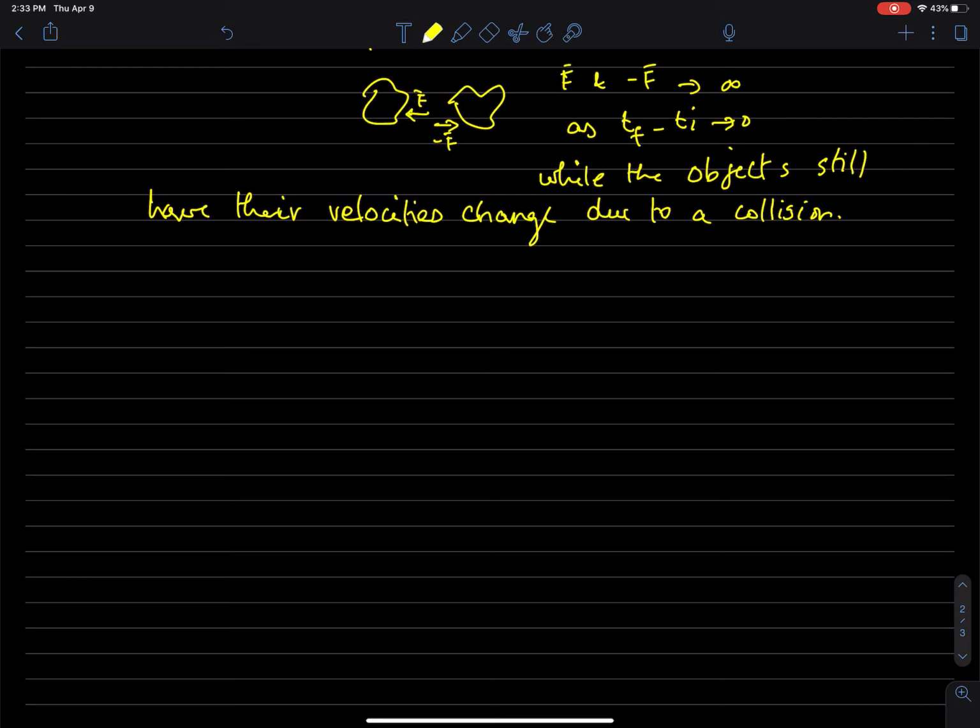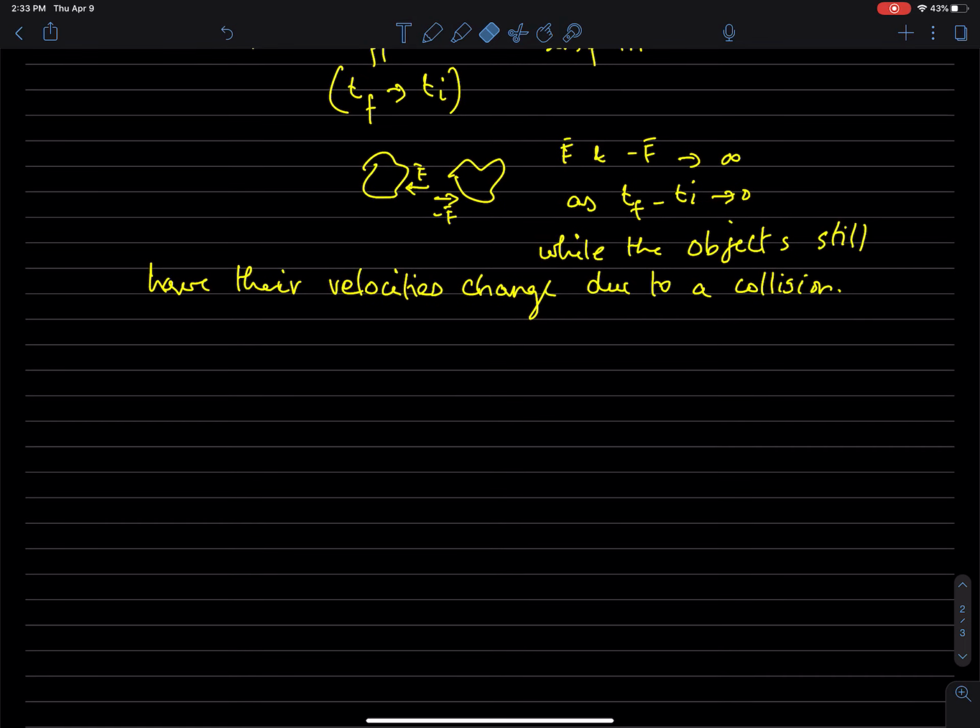Okay, so you can think about why that might be true. Imagine two objects colliding. A collision usually involves the velocity changing during the collision. And if the time duration over which the velocity changes becomes 0, what does that mean? You're having a finite velocity change in infinitesimal time.